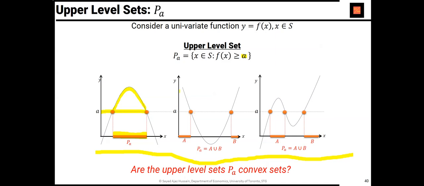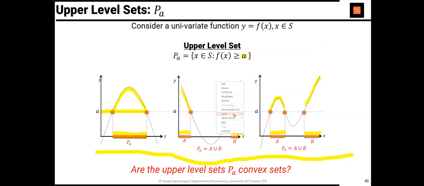In the same way, here's the function above a value a, and here's the function above a value a. So your upper level sets are these x's and those x's. And over here, this is where the function is above a certain value a, and again the function is above a certain value a, and you wonder what the corresponding x's are. These are the x's, those are the x's.